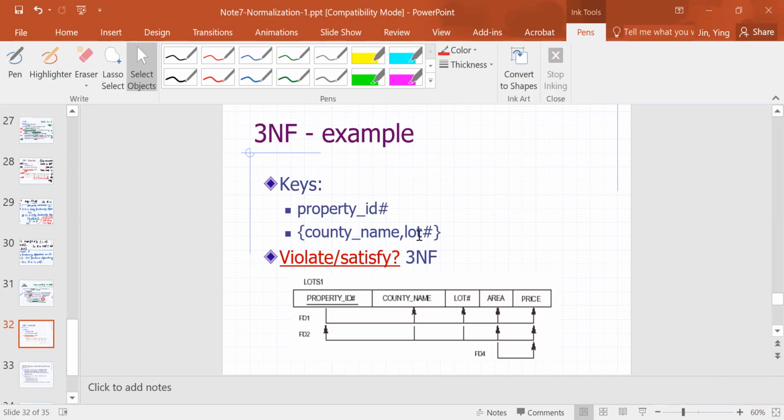That's one key, and the combination is the second key. And then I have the following functional dependencies here. My question is: is this in third normal form or not, and why? Before we do this, I'm going to show you one trick that can save you a lot of effort.